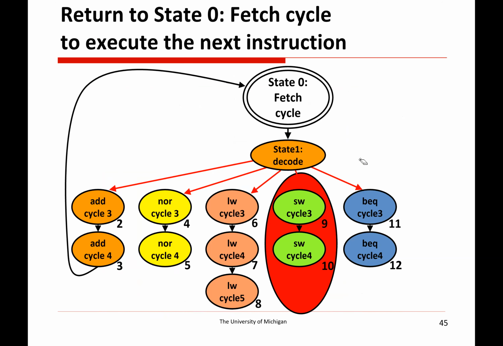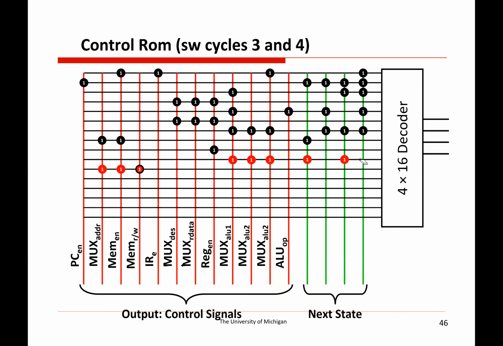Okay, store words. If you followed along with load words, store words should be pretty straightforward. We're doing the same thing. The only thing that's different is that we're not writing anything to the register afterwards. So the only difference between this store instruction and the previous load instruction is the next state, because in the first state we're still adding together to get the offset.